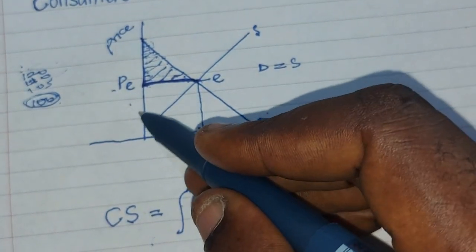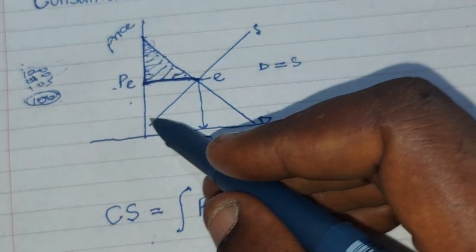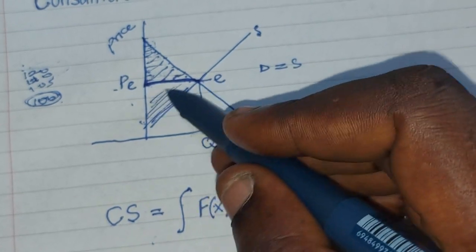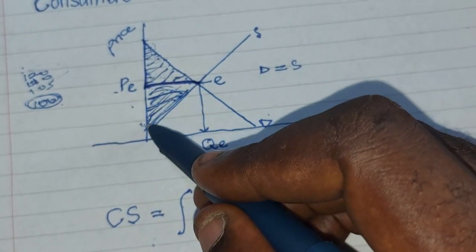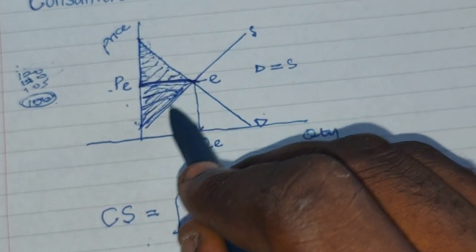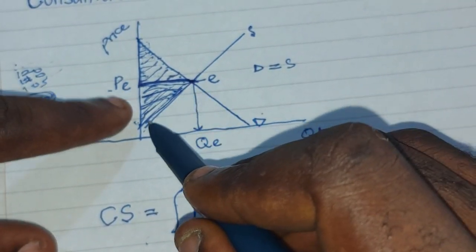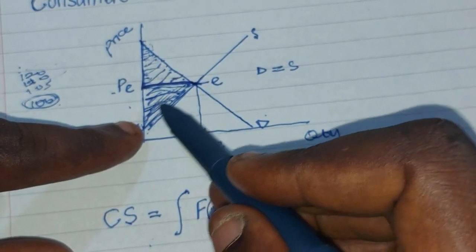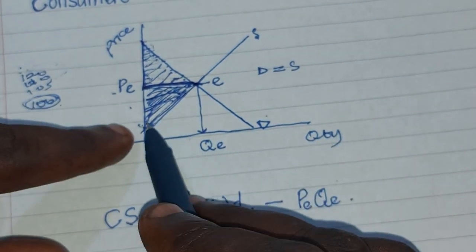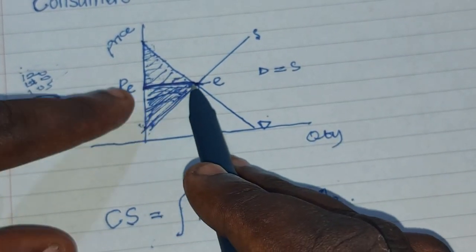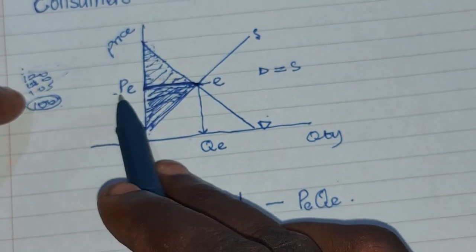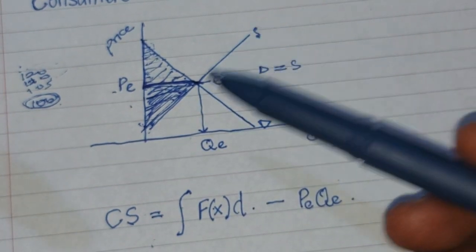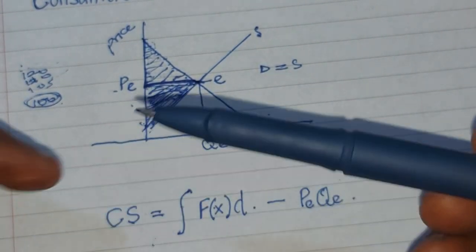Now, for producers surplus, of course, we talk of the supply. If you look at this triangle below the equilibrium price, the supplier is willing to supply at a lower price, but on getting to the market, he finds out that the equilibrium price is above what he is willing and able to supply.